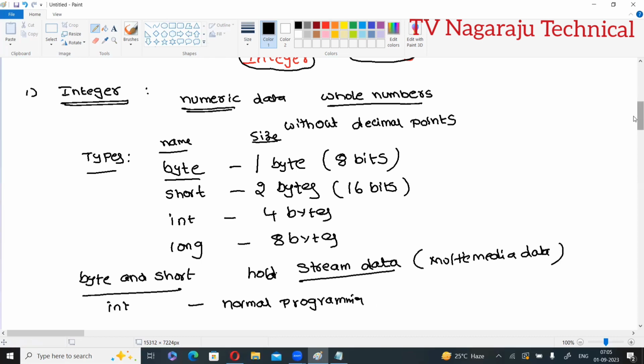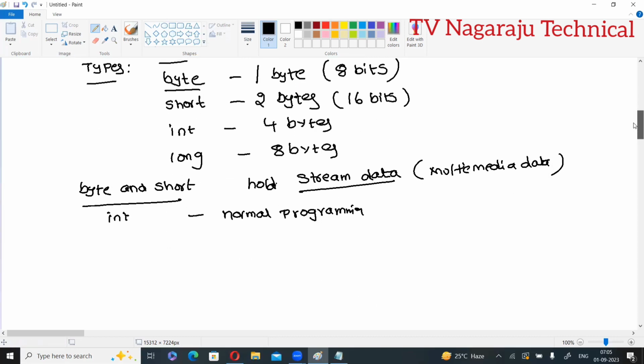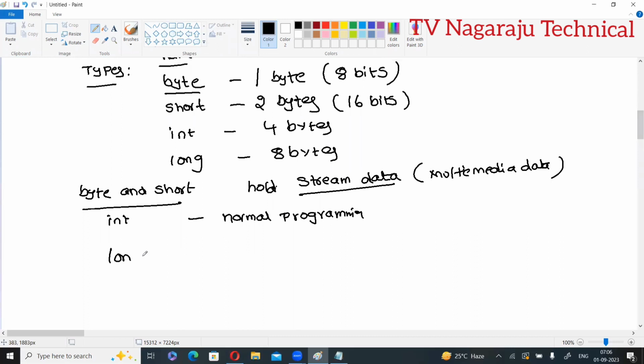Now, long. Long is used to hold the biggest numbers like phone numbers, card numbers, account numbers. To store such type of information, we use long.